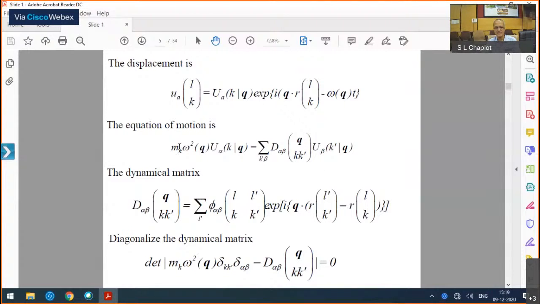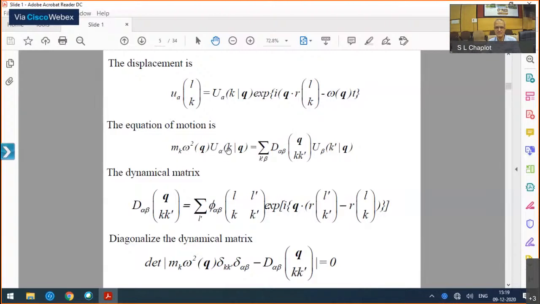m is the mass of the atom K in the primitive cell. U is the amplitude for this vibration, omega squared, and all the important terms involving the interaction between atoms come in here. This is what is called the dynamical matrix.